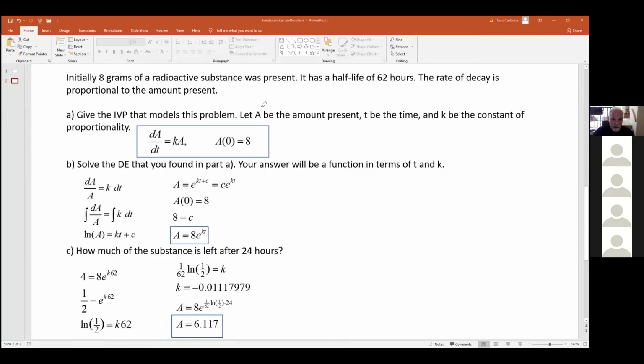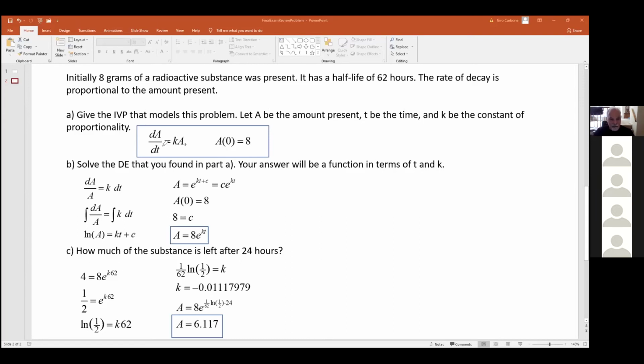Based on this information, we want to find the initial value problem that models this. They're telling us to let A be the amount present, t be the time, and k be the constant of proportionality. So this is the differential equation. This is pretty straightforward: the rate is proportional to the amount. So that's our differential equation.